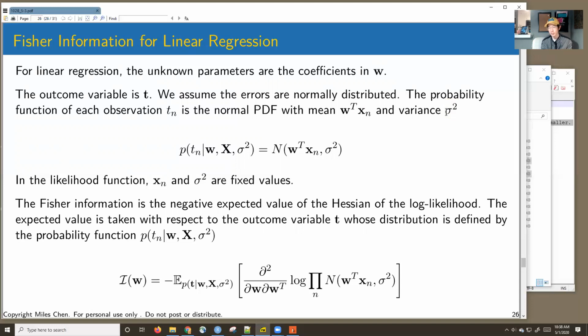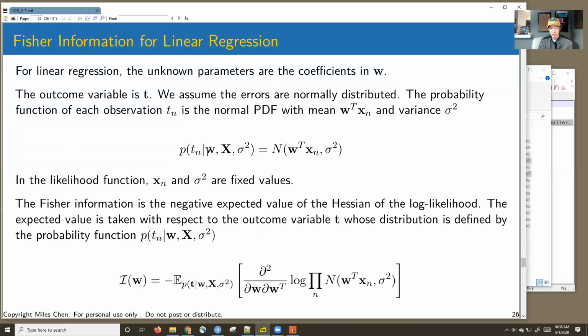These are the parameters. X is treated as fixed values, and sigma squared is fixed.